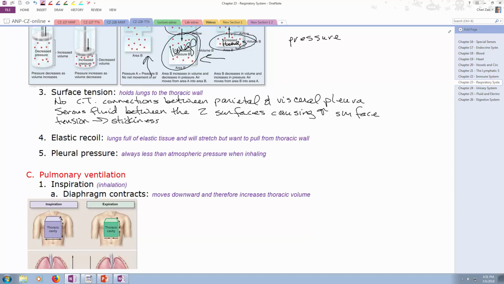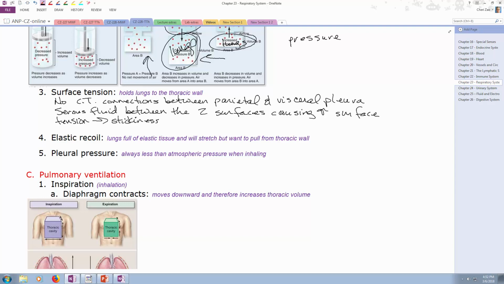As far as elastic recoil goes, lungs indeed are full of elastic tissue that stretches, but recoil is the springiness to go back to the non-stretched form. And so elastic recoil is working against our lungs to keep them inflated, because the lungs want to be like elastic tissue.